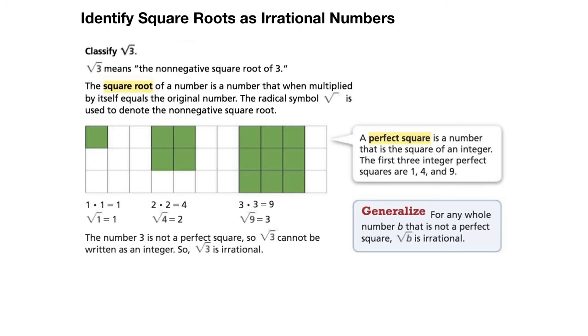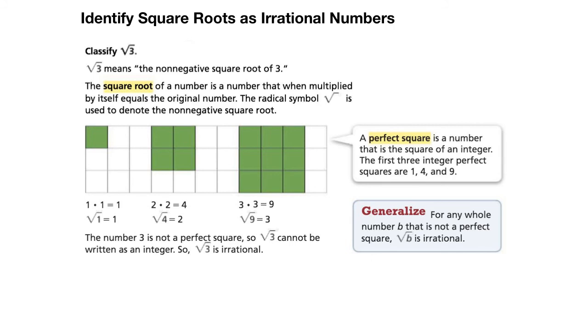The reason I know is 1 times 1 is 1. So the square root of 1 is 1. Our next one, 2 times 2 is 4. The square root of 4 is 2. Next we have 3 times 3 is 9. So the square root of 9 is 3. If you notice, 1 times 1 is 1, 2 times 2 is 4, and 3 times 3 is 9. It's like we're given the area of a perfect square.